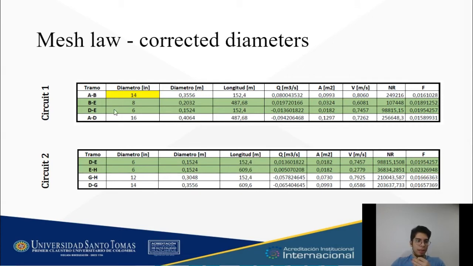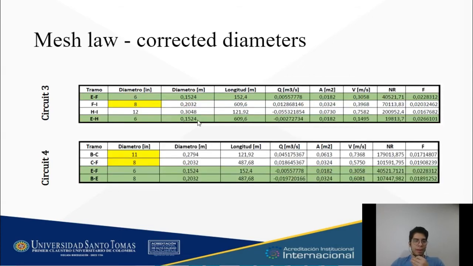For example, circuit 1 is the same, but for the other circuits we had to recalculate the friction factor and the losses.